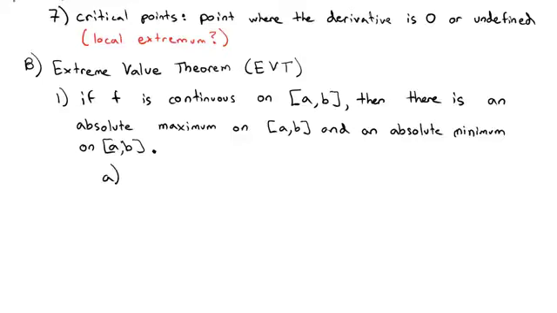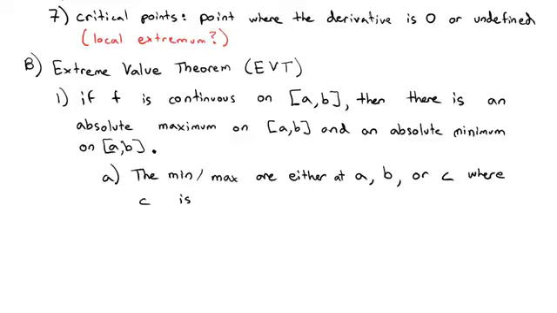And what's really important to note is the min and max points are either A, the first point of the interval, B, the end of the interval, or what we're going to call C. They're either at A, B, or C, where C is when the derivative at that point equals 0, or where C is a critical point.